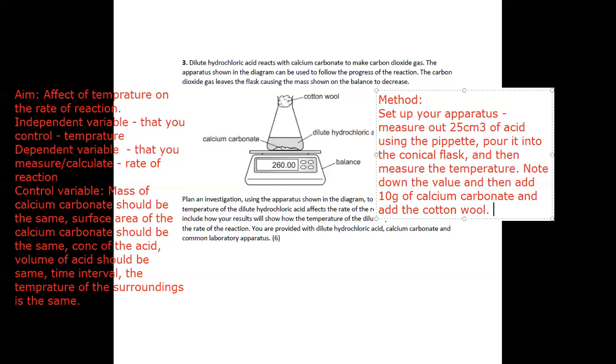The reason we add the cotton wool is to prevent any splashing out. Cotton wool is not to trap in the gas. The gas is still lost. A rubber bung traps in the gas, not a cotton wool.